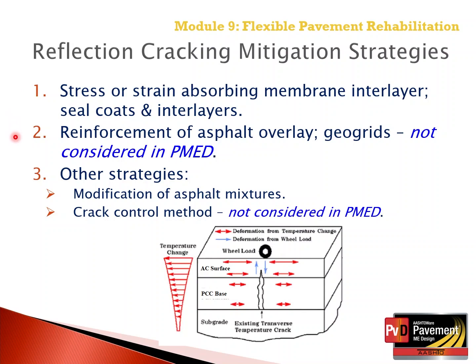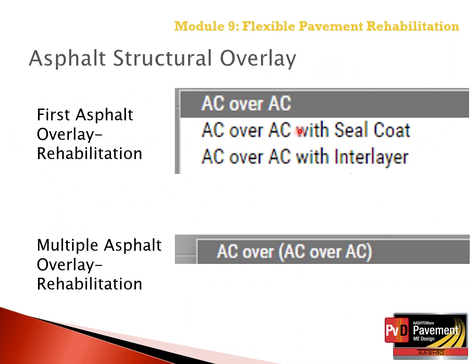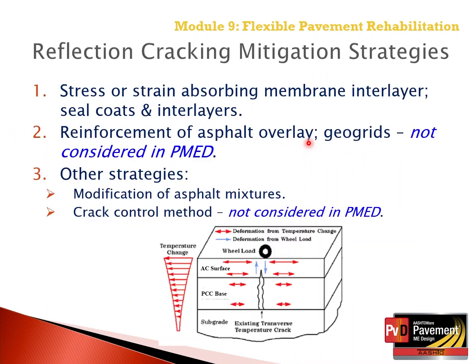We can look at reinforcement of asphalt overlay or geogrids, which are not considered in the Pavement ME design software. So we are considering interlayer, seal coat, some other type of interlayer. Geogrids are not considered. Other strategies also include modification of the asphalt overlay mixture, different types of polymers, other types of binder modifications that can be included in the lower part of the overlay, as well as crack control method.